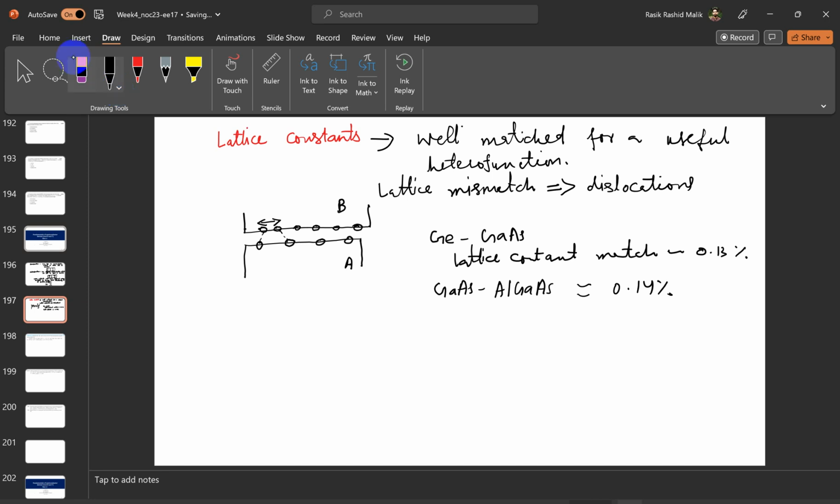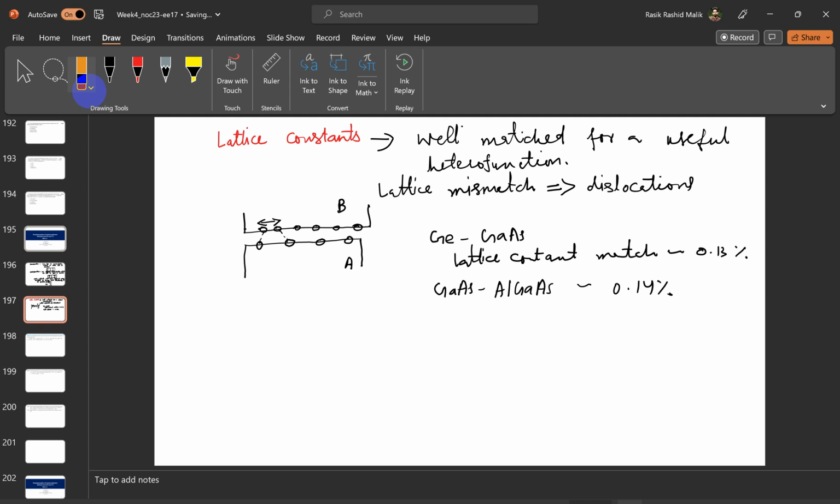So we have to consider the lattice constants. We cannot arbitrarily choose two materials and form a heterojunction, because there will be lattice mismatch, it will create dislocations, and then it will be more problematic.